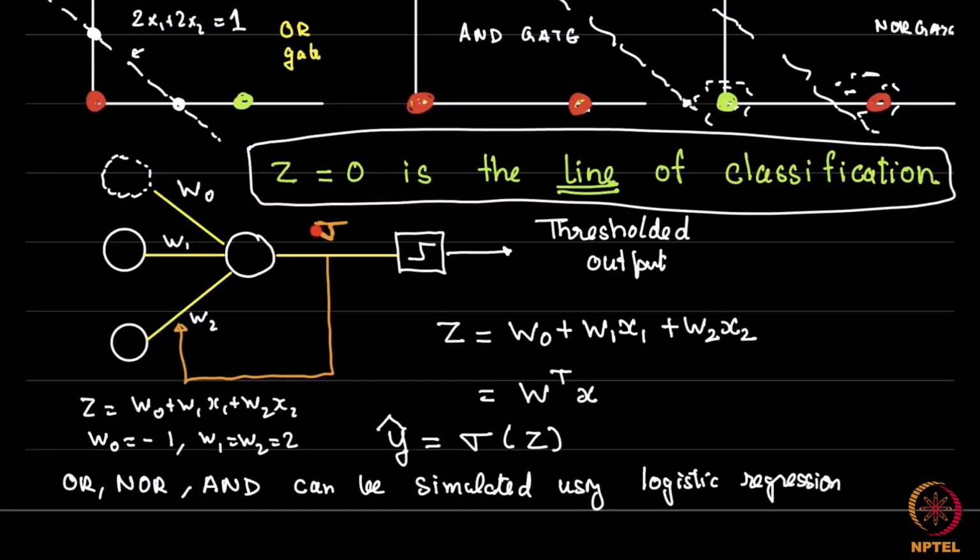Obviously, the output is not going to be that. It's going to be greater than 0.5 or less than 0.5. Let's say the output comes as 0.6. Then if you want the output, you have to put a step function here. This is the thresholded output, which says that greater than 0.5 goes to 1 and less than 0.5 goes to 0.